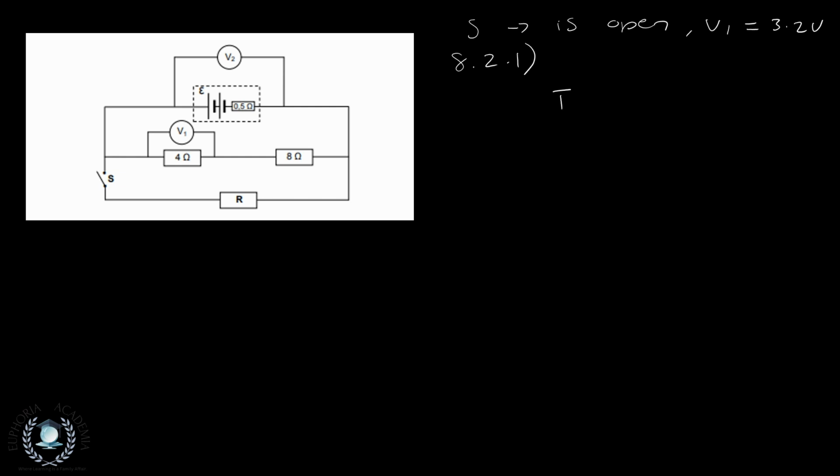So the current is equal to our voltage divided by our resistance, and our voltage in this case is 3.2 volts, and that is divided by a resistance of 4 ohms, and we're going to see that the current that we do get is equal to 0.8 amps.